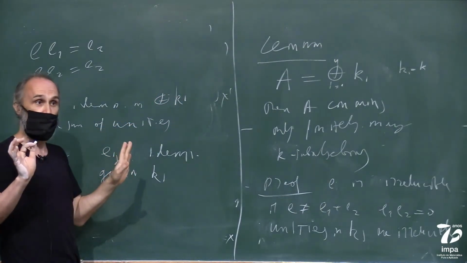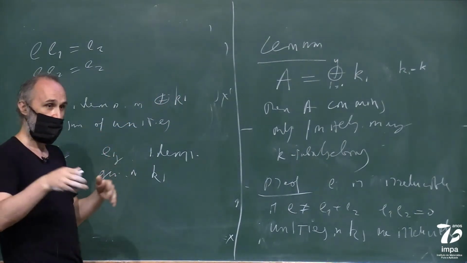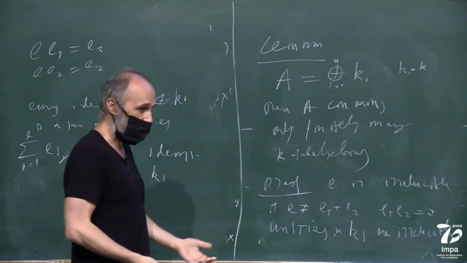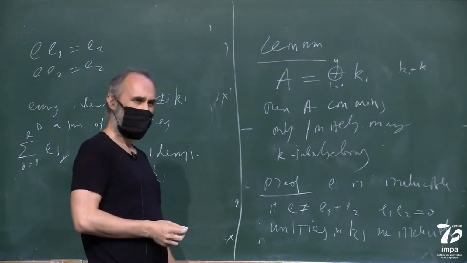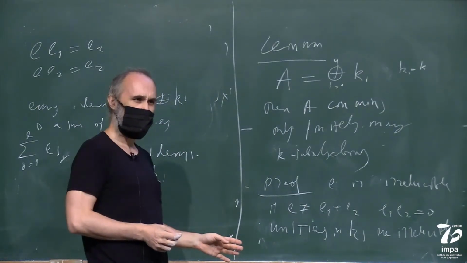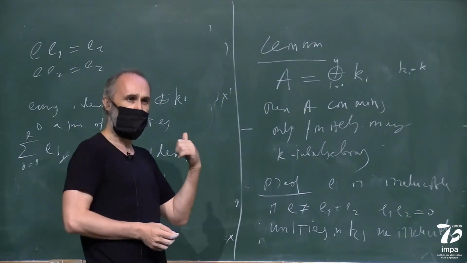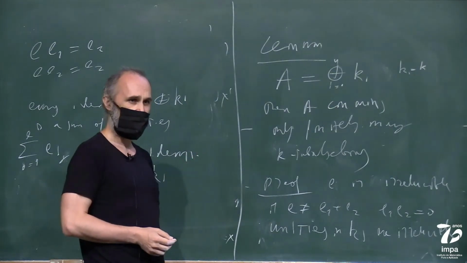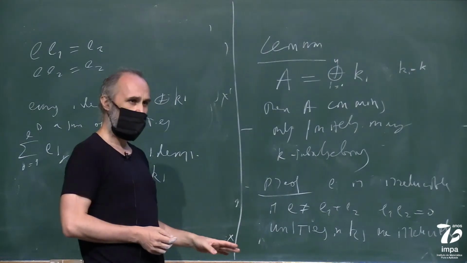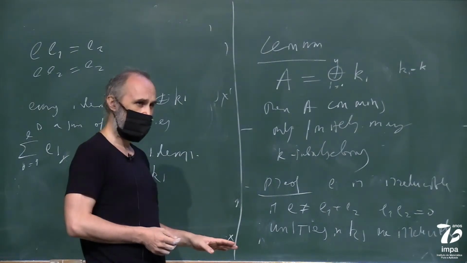This is something we already discussed. Just decompose everything and project. Am I clear or not? Should I repeat? This is a theorem which we had in the lecture about idempotents. Should I repeat it? No? Mitya?